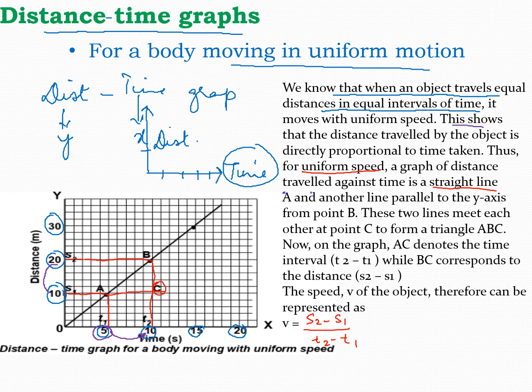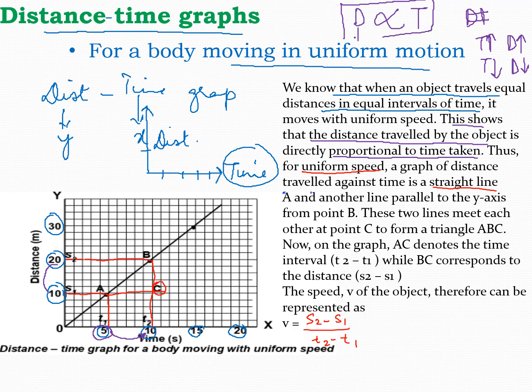This shows that the distance travelled by the object is directly proportional to the time taken. Distance is directly proportional to time. As time increases, distance increases. As time decreases, distance decreases. This symbol shows you the constant of proportionality.